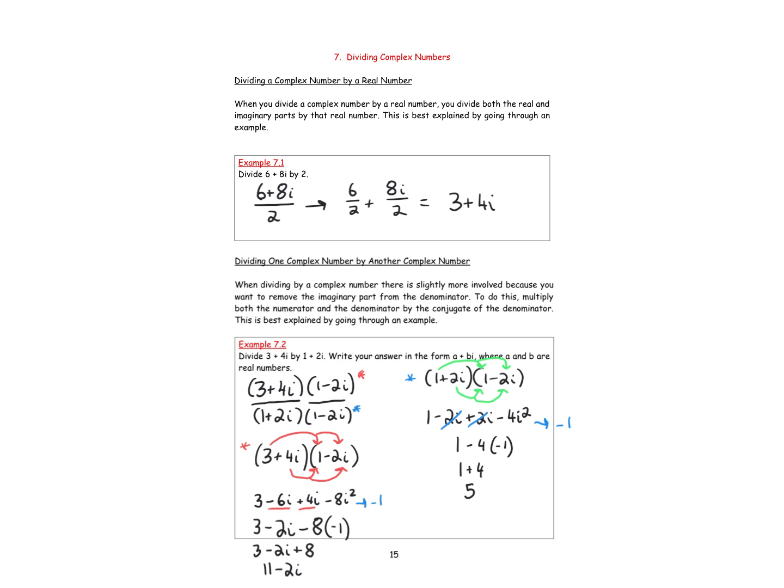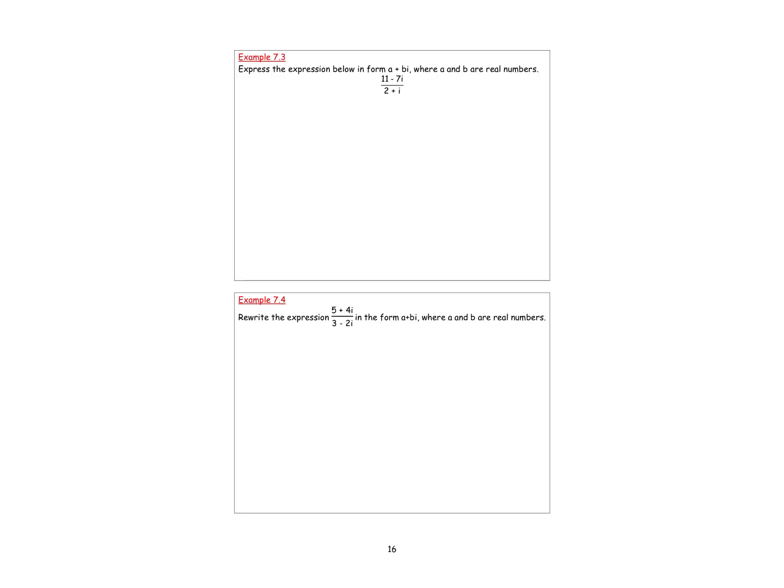So the numerator has changed to 11 minus 2i, and the denominator has changed to 5. Now, if we note what it's asking in the question, it wants it in the form a plus bi. So we need to write the a by itself and the bi by itself. That means we'll have 11 over 5 minus 2 over 5i.